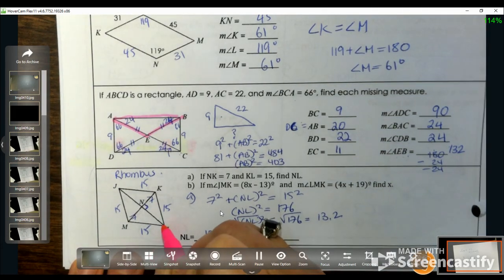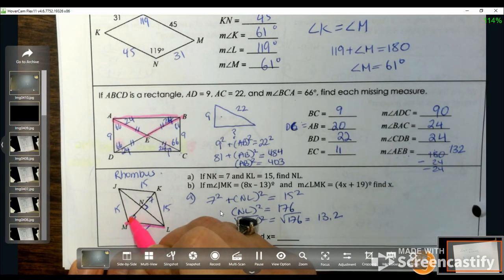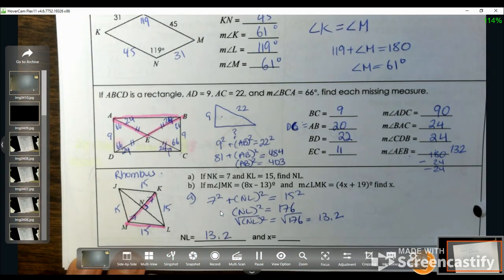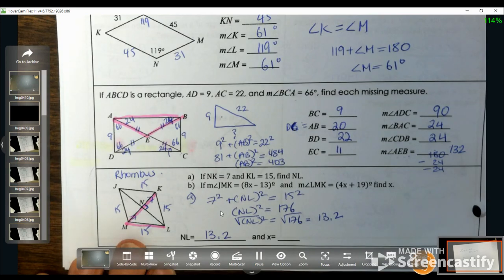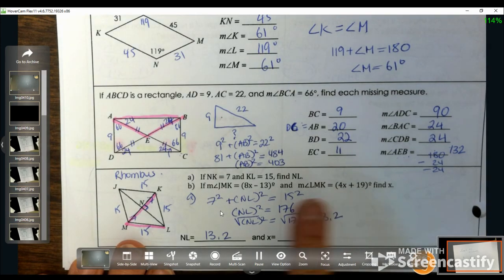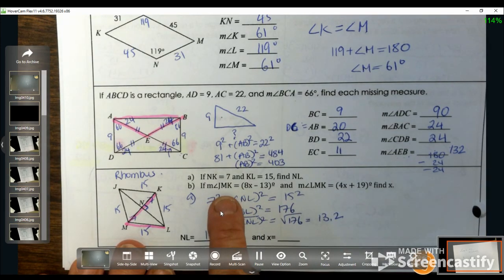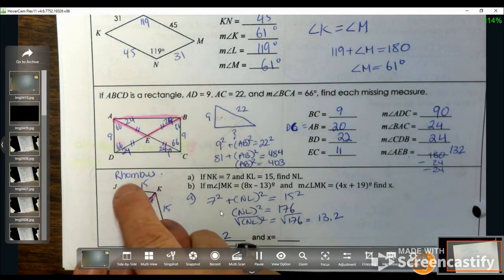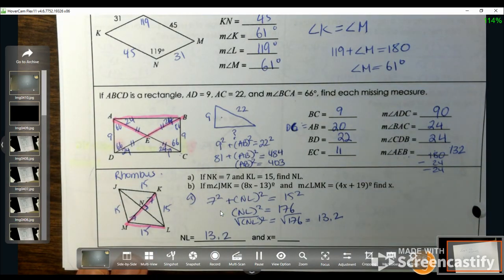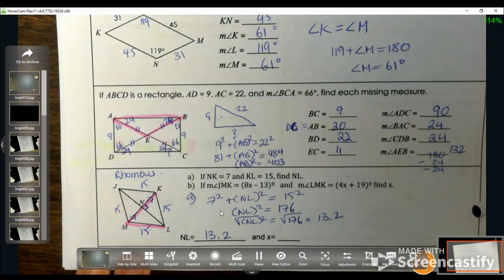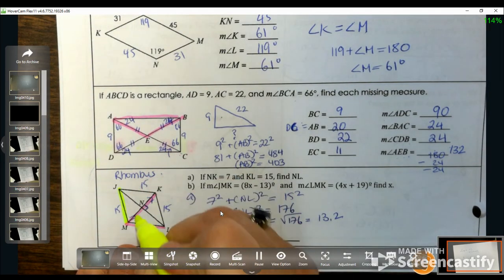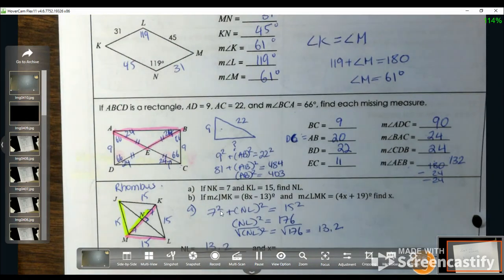L, M, K. And I also have L, J, M, K. J, M, K. So what is the relationship of those two angles?